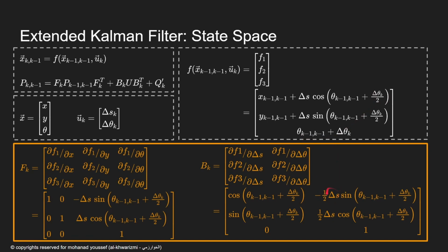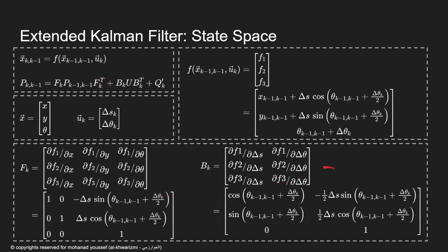So the equation here will be the derivative of cosine is minus sine, so minus sine here, and then we take the derivative of this element here outside, so it will be half, and the rest here is the same. The same for the second row, and for the third row also it will be 0 and 1, because no dependency on delta S anymore, and here we have only dependency on delta theta, which is 1.